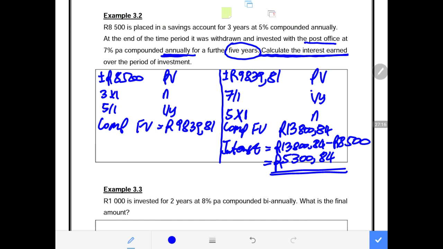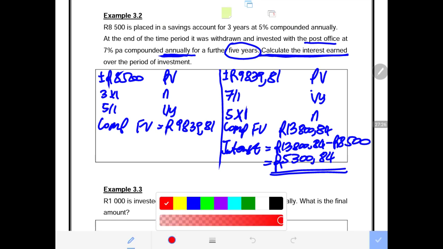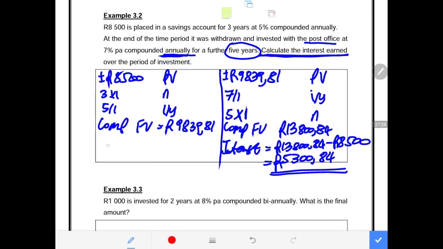Now this is how we deal with the functions of the calculator. Remember, there was a formula that we were given previously, and it was very easy. It made our lives very easy. The formula said the sum accumulated is equal to 8,500 times (1 plus 0.0545 divided by 1) to the power of 3 times 1.